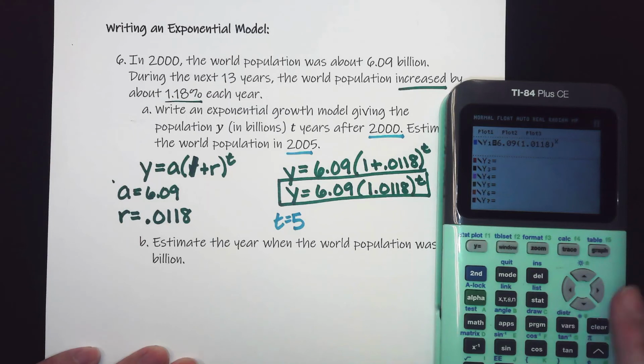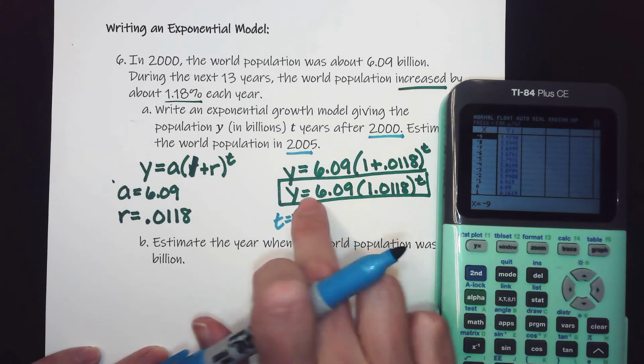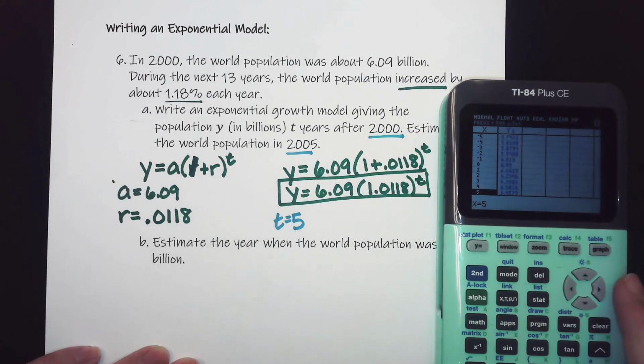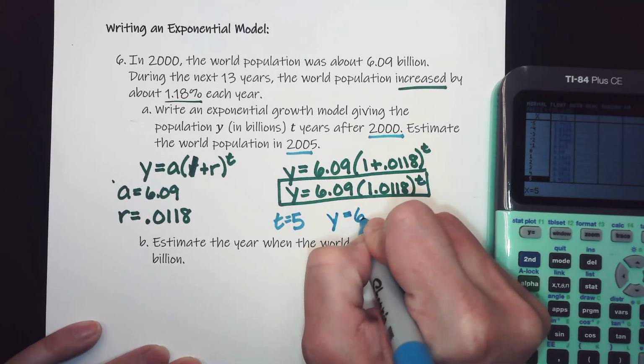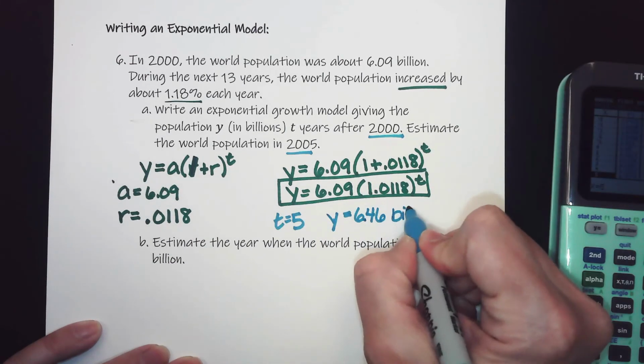If I go to my table, I want when x is 5. Oh, I'm sorry, I want x to be 5. Helps if I read the problem right. So I'm going to go where x is 5, and I get 6.4579. So I'm going to say y is about 6.46, and this is in billions, so we'll say billion.